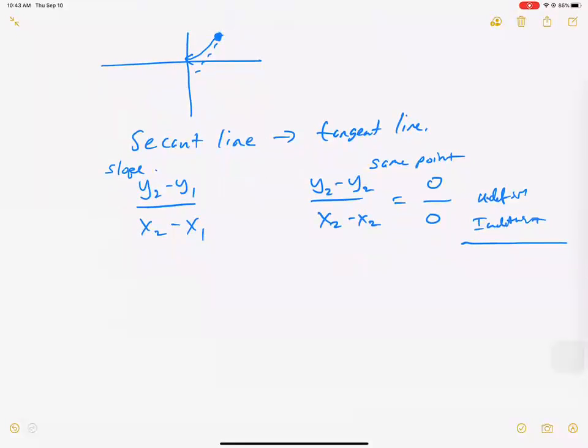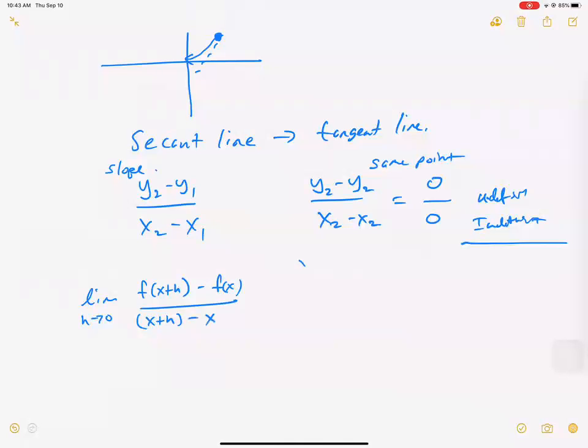To find the slope at a point, we are going to say the limit as h goes to 0 of f of x plus h minus f of x over, I'm going to write this long, x plus h minus x. I want you guys to see what I'm referring to here.